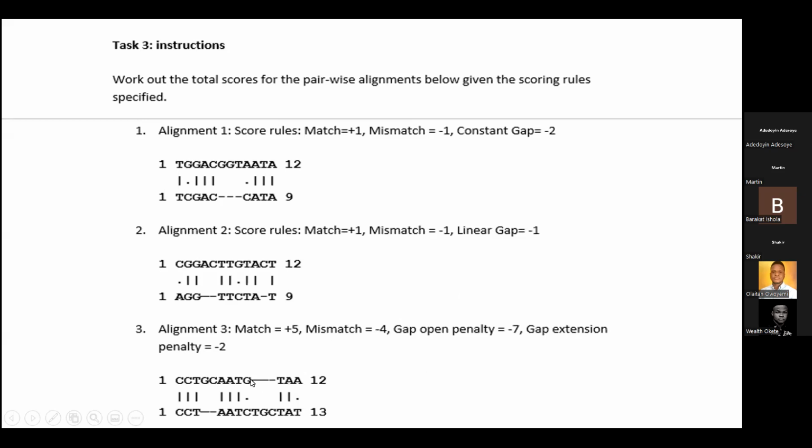We have 3 gap extensions here and 2 gap extensions here, and that's 5. So minus 2 times 5 is minus 10. Into bracket, the total length of our gaps is 5 too. So 5 minus 1. So the total number of gaps is 0 minus 10 into bracket 4.